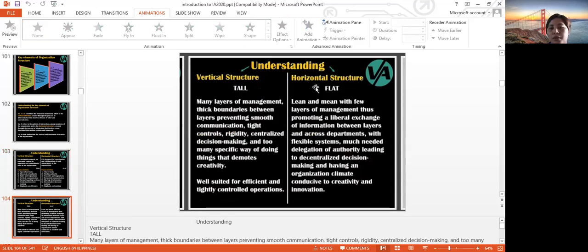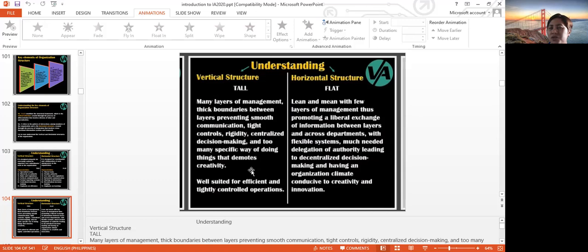Okay, so it is said that vertical structure is tall. Many layers of management, boundaries between layers preventing smooth communication, tight controls, rigidity, centralized decision making, and too many specific ways of doing things that demote creativity.